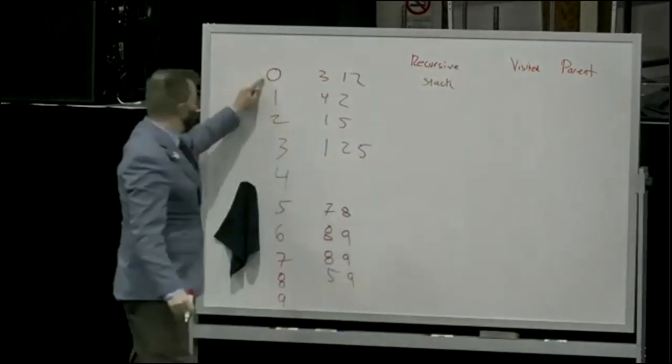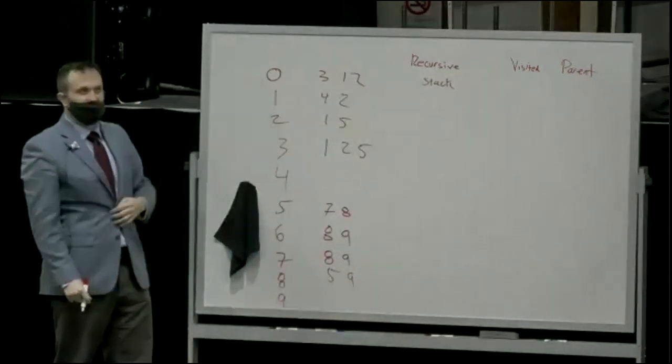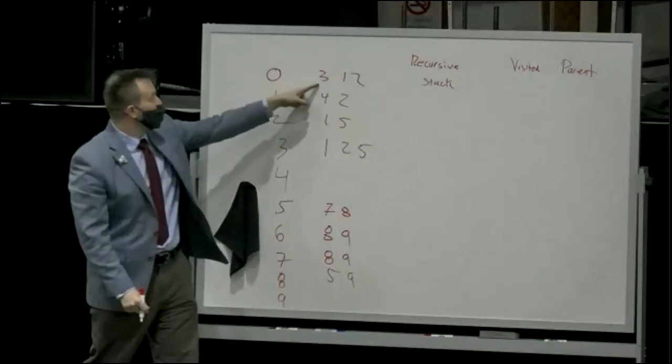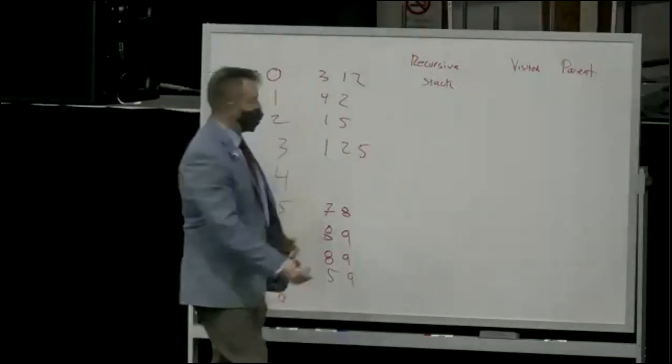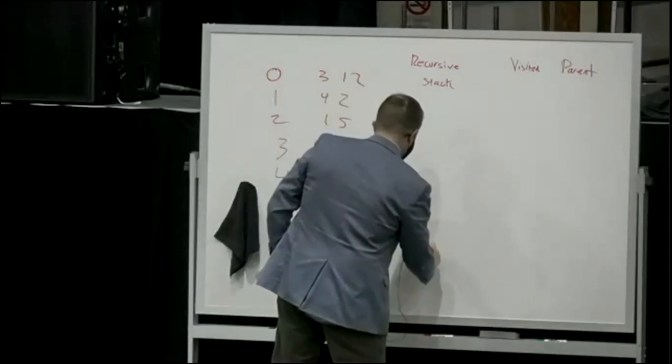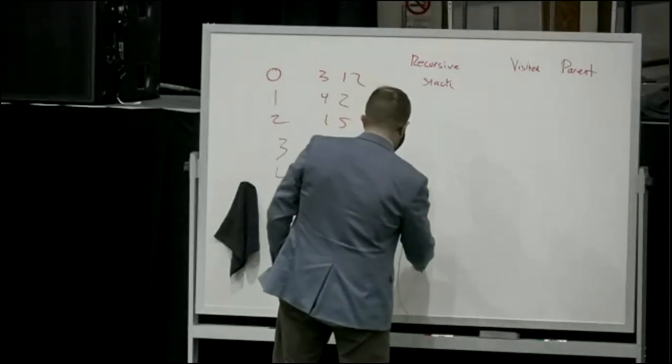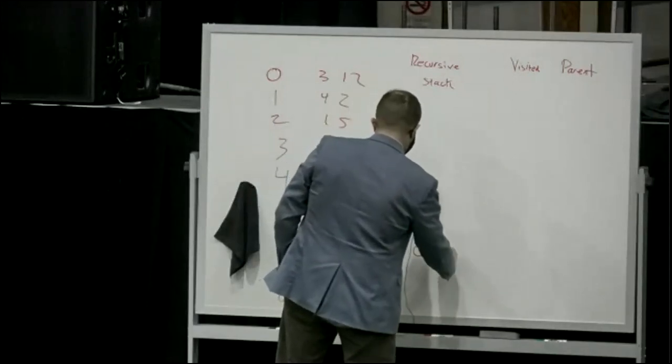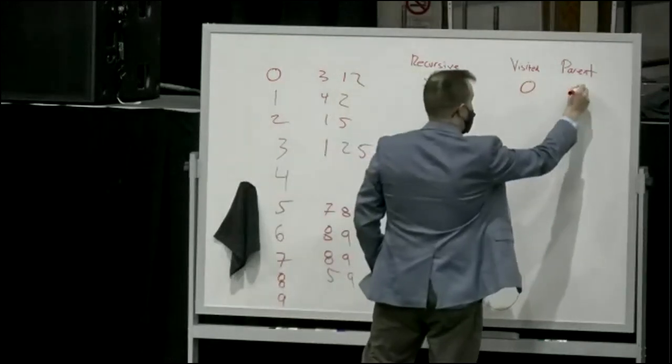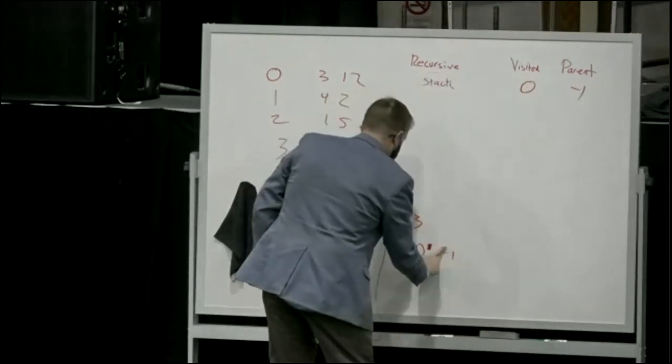We have 0 and we start there, with its parent being -1, and then we move to 3.